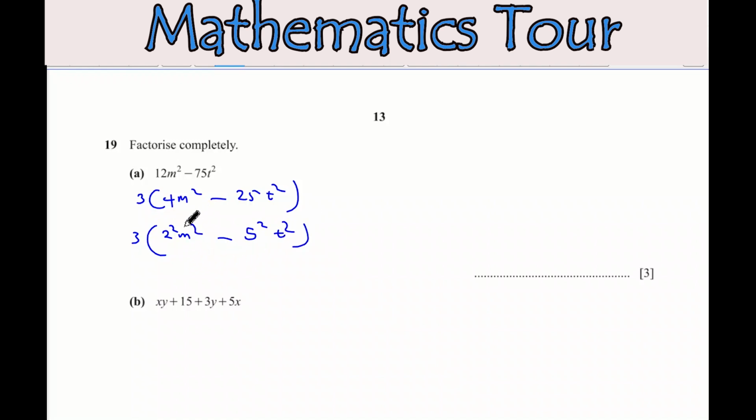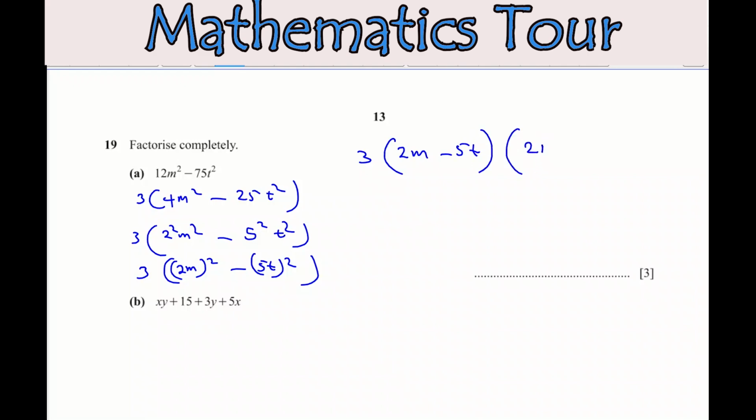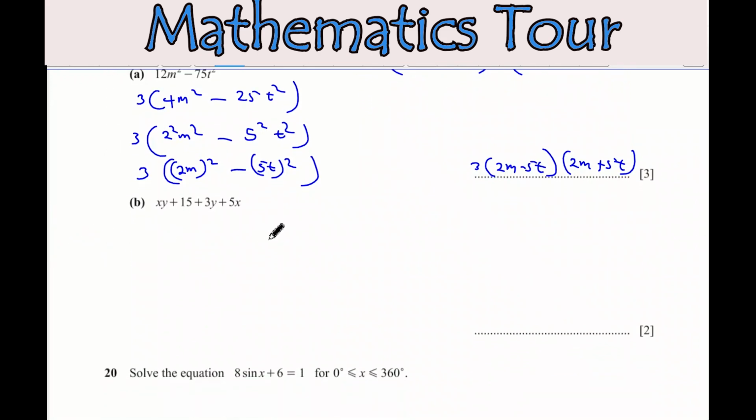Instead of having repeated squares, I can combine them: 3 into (2m) all squared minus (5t) all squared. So I have a difference of 2 squares. My final answer will be 3 into (2m minus 5t) into (2m plus 5t). So that's the answer.